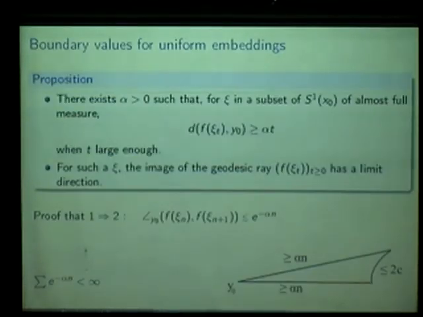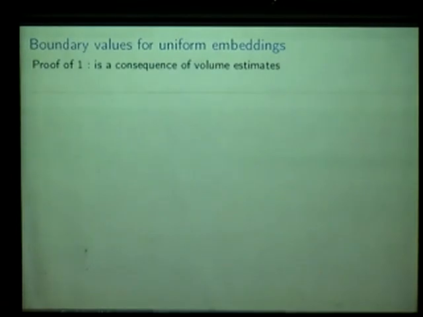Now I will try to give you a hint of the proof of the first assertion. We want to prove that for many directions in the unit sphere, the image of the corresponding geodesic ray goes linearly to infinity. So this will be a volume argument. We first fix a time t, and we consider the ball with center y0 and radius alpha t.